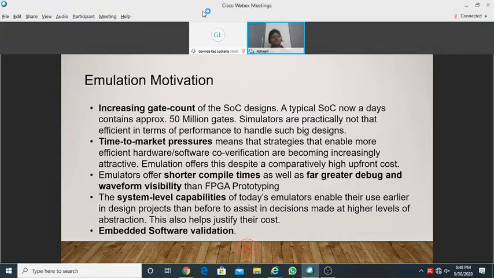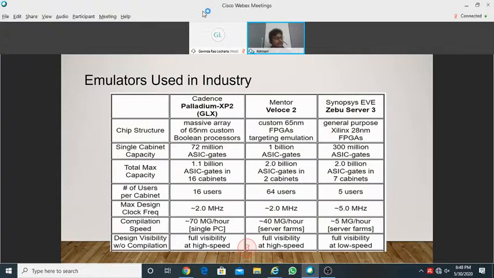These are some of the emulators currently used in the industry. The top row shows the industry standard emulators like Cadence Palladium, Mentor Veloce2, and Synopsys Zebu.